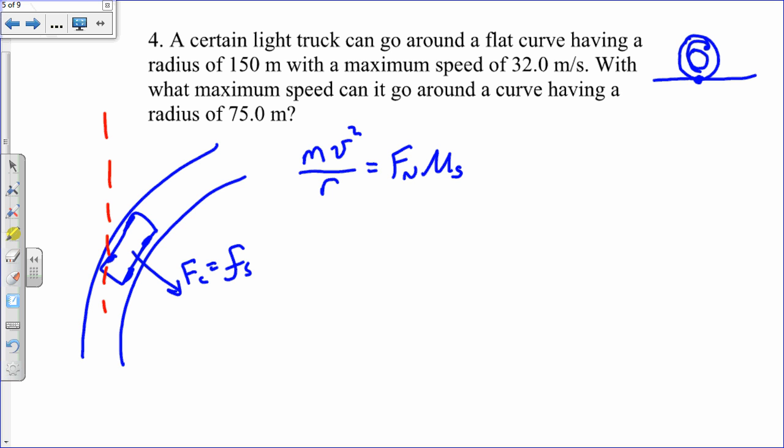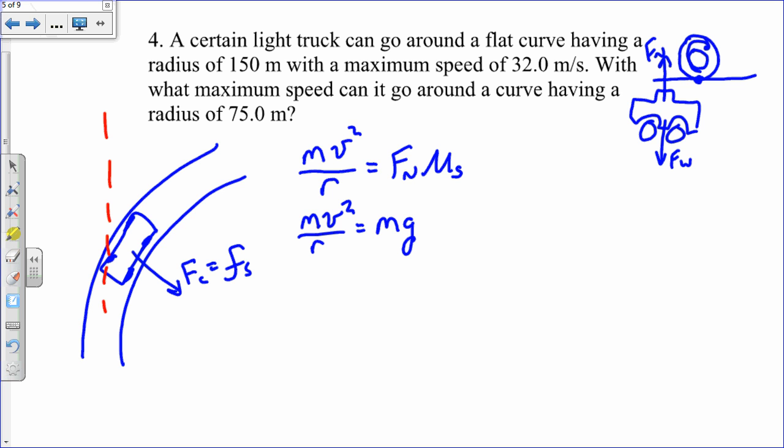However, because this truck is sitting on a flat curve, the weight is the same as the normal force because it's not banked. The weight is equal to the normal force. So I have mv squared over r equals the weight, which is m times g, times mu static friction.